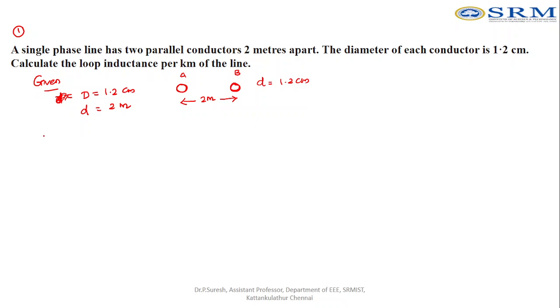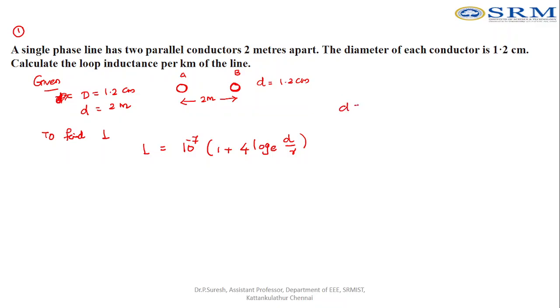So what are we going to find? We are going to find the inductance value. The formula for inductance is L equal to 10 power minus 7 into (1 plus 4 log_e d by r). To find d and r, the diameter is given in centimeters and the distance in meters, so I can convert both into centimeters.